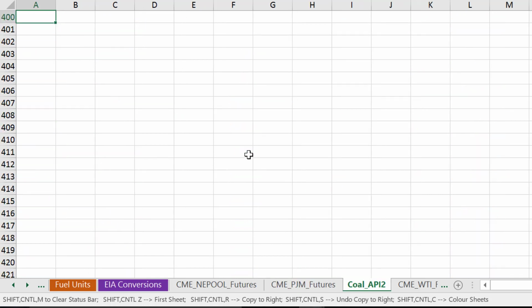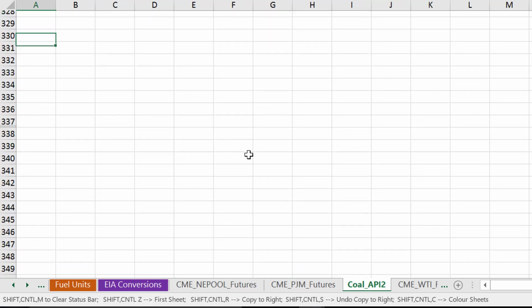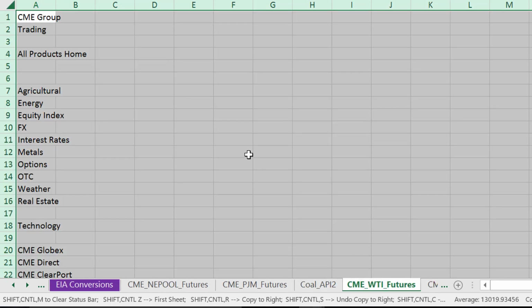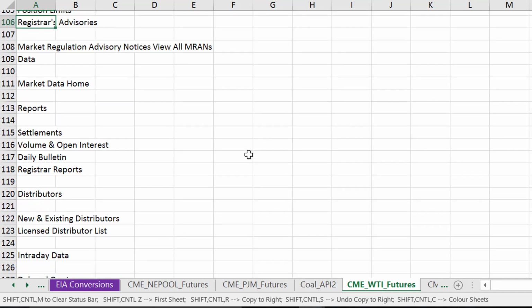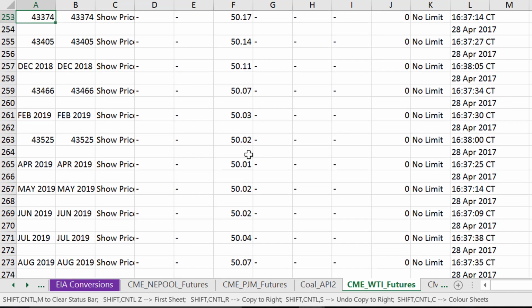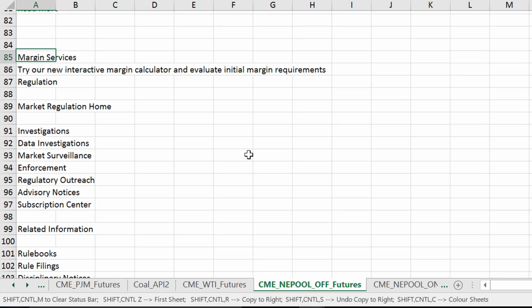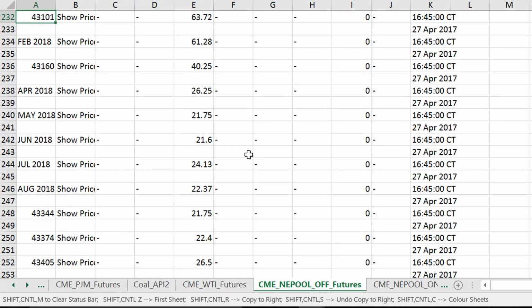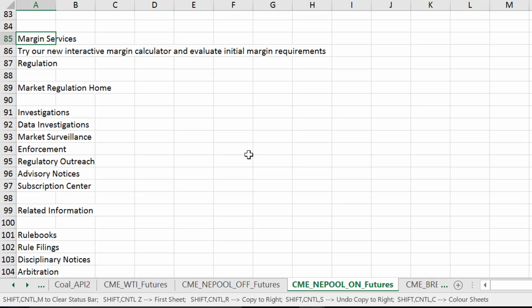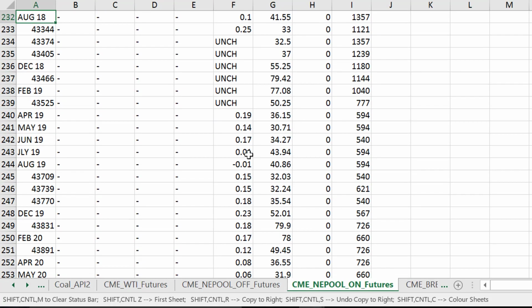And this July is okay again. And then this coal one, I think we didn't get. Let's look at the WTI. So you go down, and this July was the same. NEPOOL off-peak futures, same July.